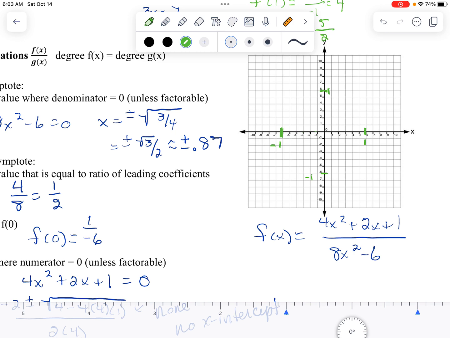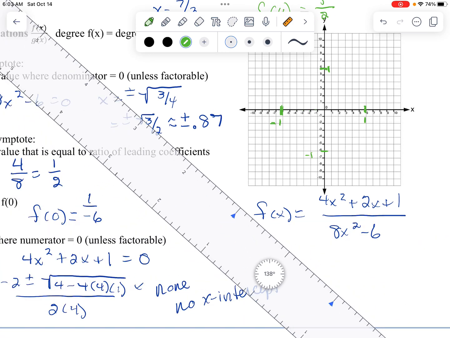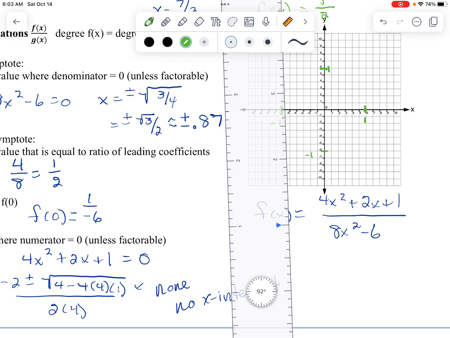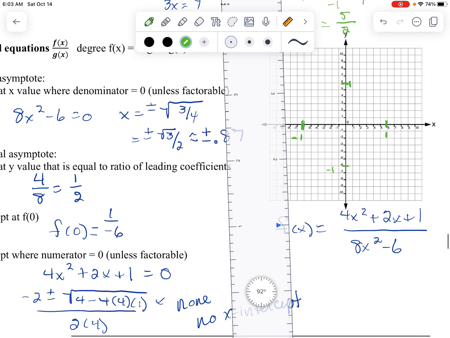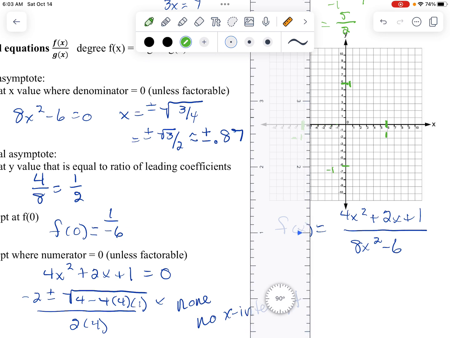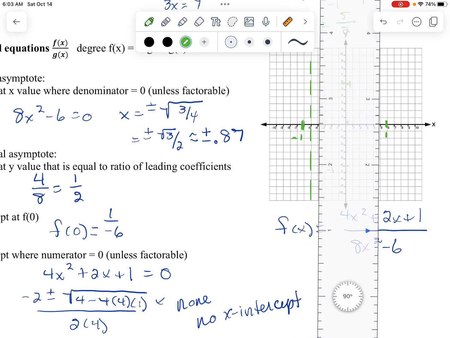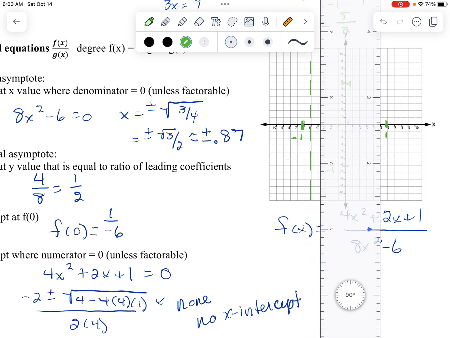All right. So get our rulers out. 0.87 plus and minus are where we have our vertical asymptotes. So just estimate where you think 0.87 would be. And positive 0.87.